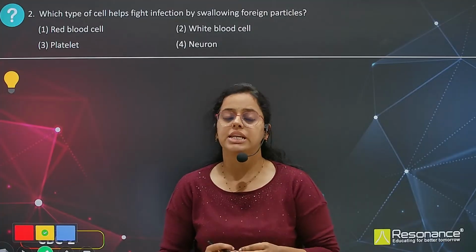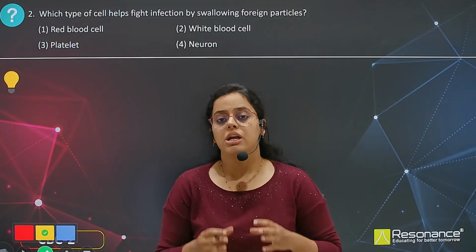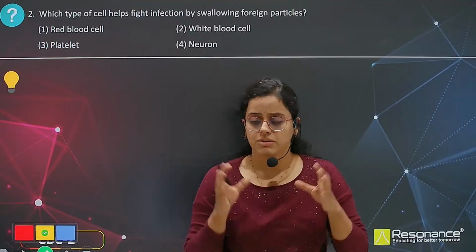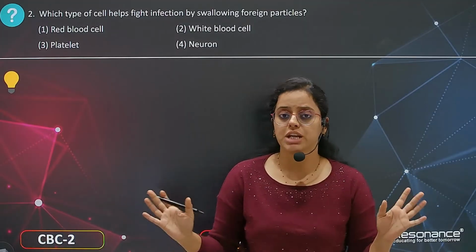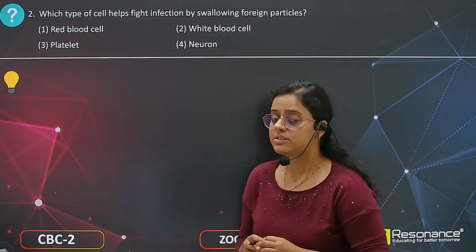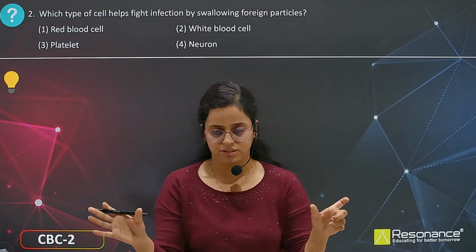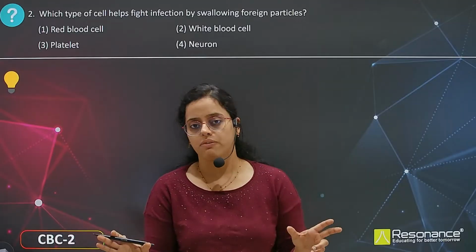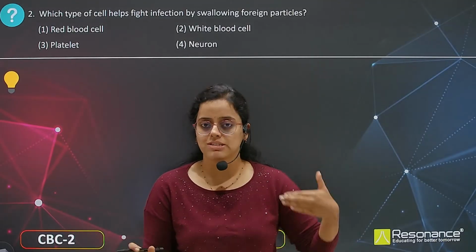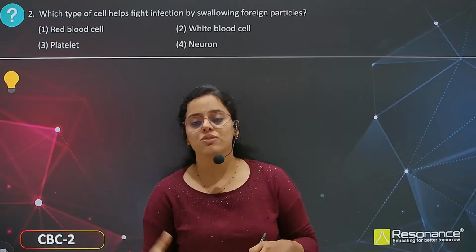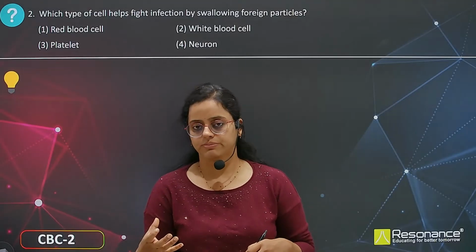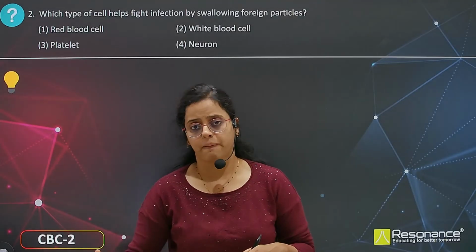This is seen in WBCs. WBC is a word used for many different types of cells, white blood cells. White blood cells are classified as granulocytes and agranulocytes. Granulocytes consist of neutrophils, eosinophils and basophils, whereas agranulocytes consist of macrophages, mast cells.